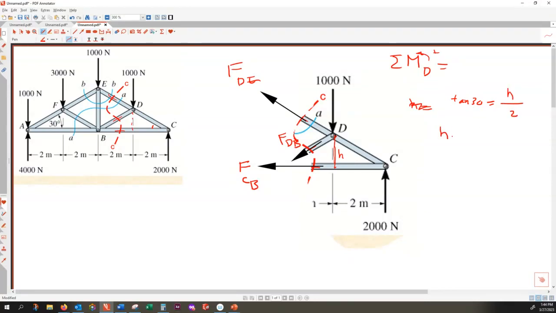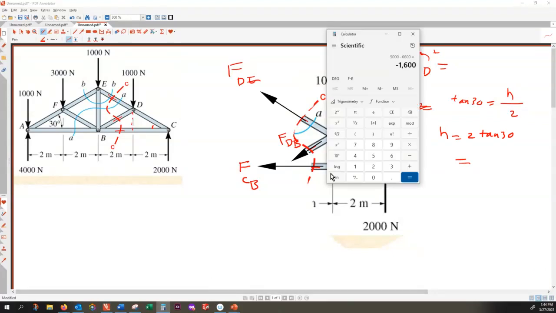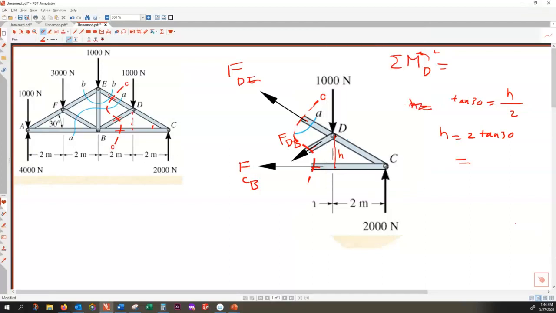And therefore H is equal to 2 tan 30, which is 1.15.